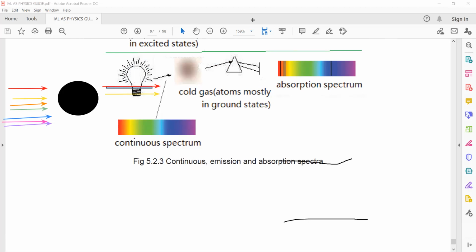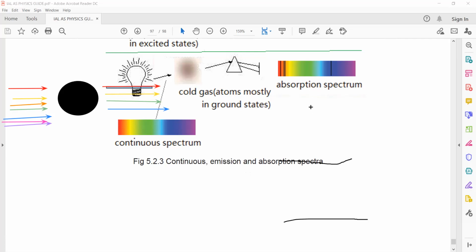Green is able to pass. Blue, for example, is also able to pass through. And violet and purple are absorbed. So very few of them are absorbed. We call that an absorption line spectrum.